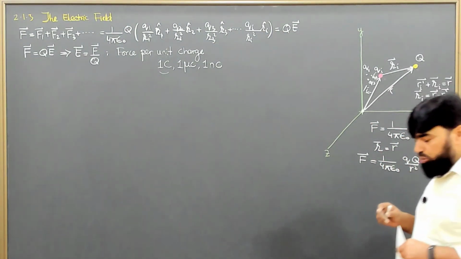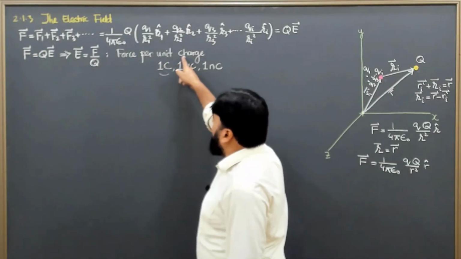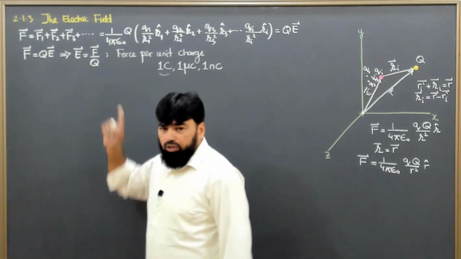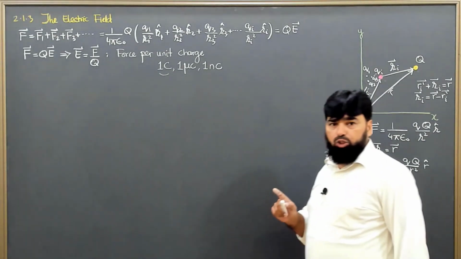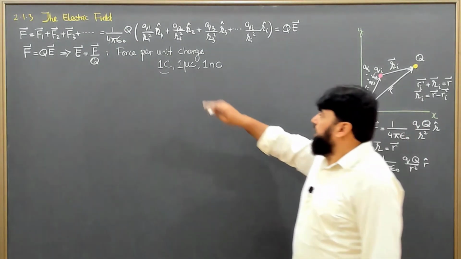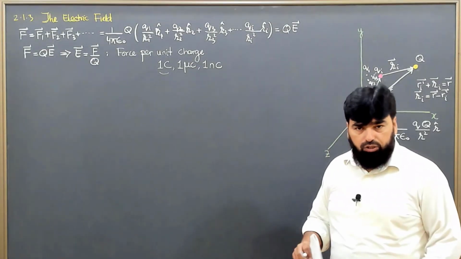So in order to exclude this, we will consider the test charge, which we represent by capital Q, to be of unit magnitude, and the unit will depend on the source charge. If it is any of these, then it will be one of this.